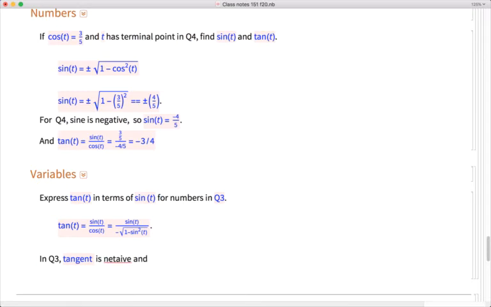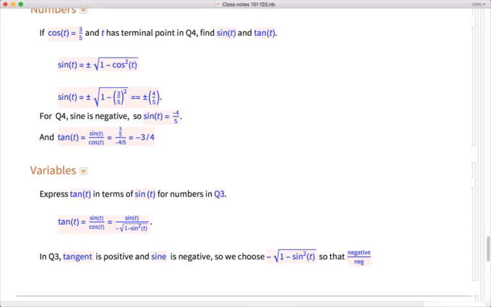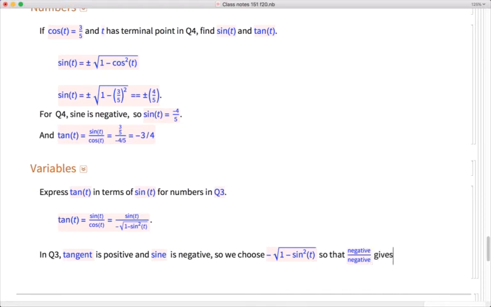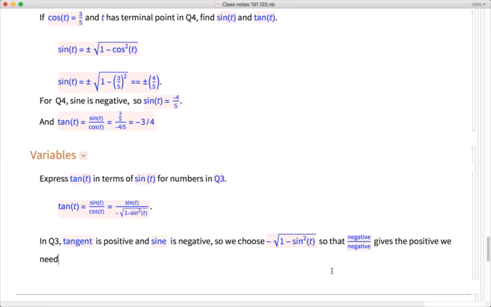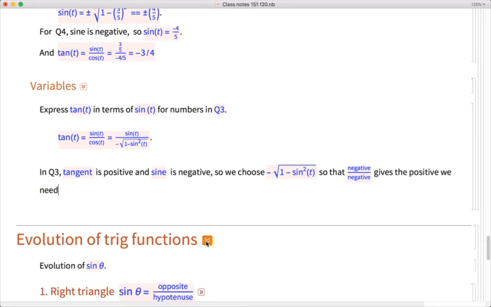In Q3, tangent is positive, and sine is negative. So we choose negative square root downstairs. So that negative over negative gives the positive we need. Okay.